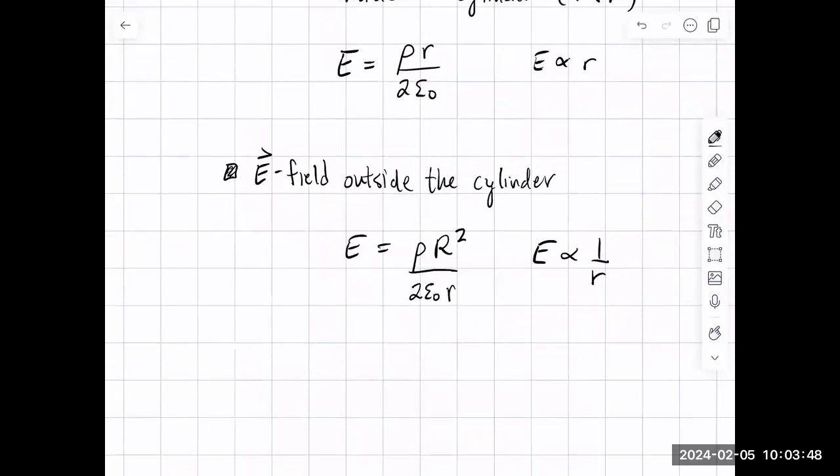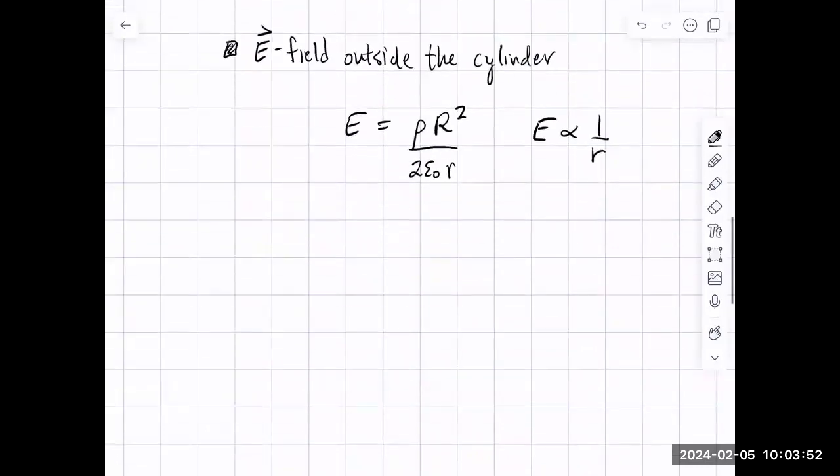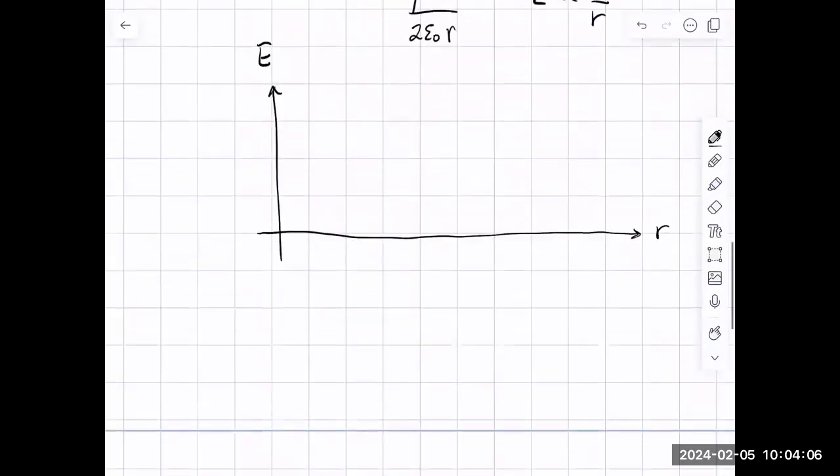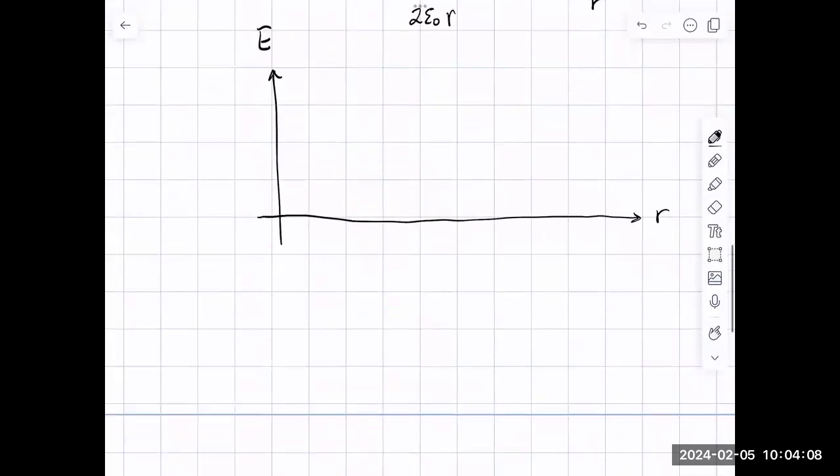So it drops off as we move further and further away. And so let's make a plot of that. We're going to make a plot that has the electric field magnitude on the vertical axis and the distance away from the cylindrical axis on the horizontal axis of our plot.